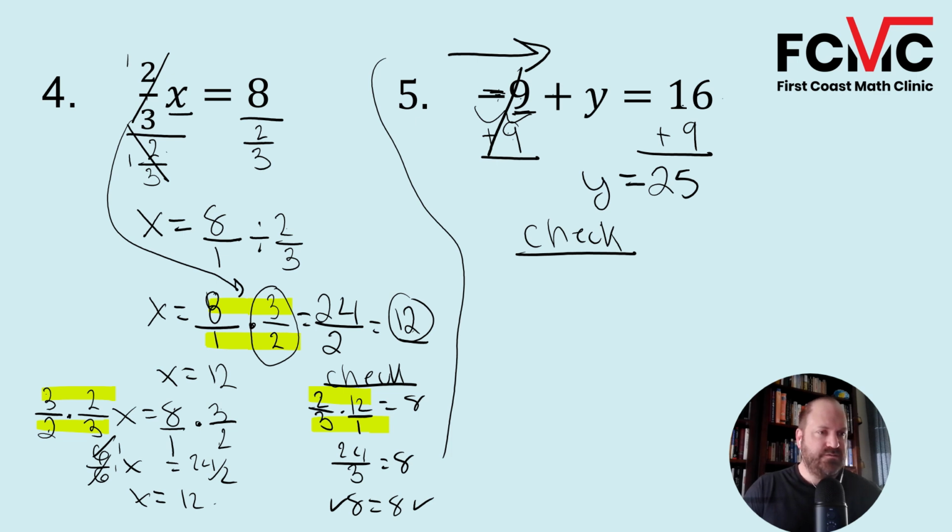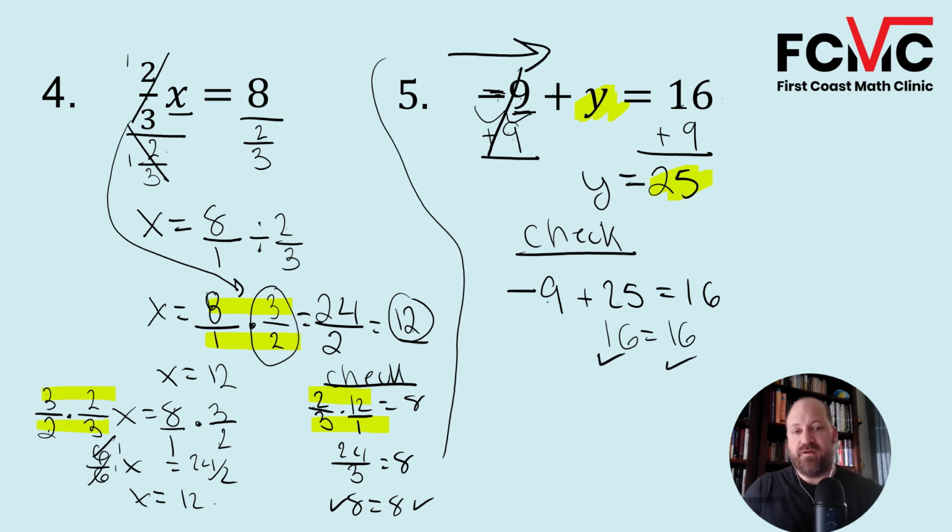So we can take the 25, put it in for y, of -9 plus 25 equals 16, and -9 plus 25 gives us 16 equals 16, and our answer checks on the left and the right.